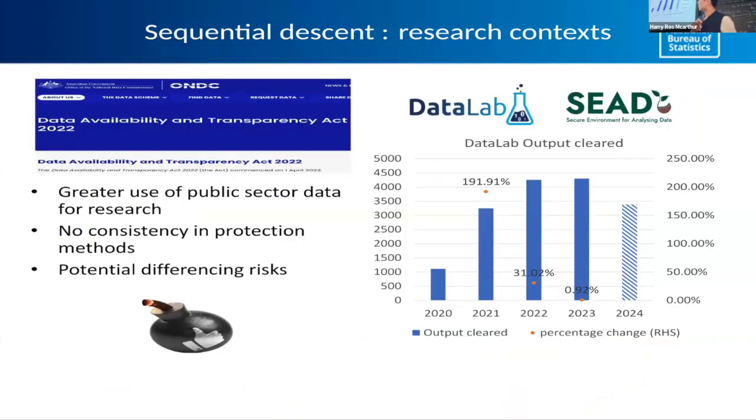I'm going to describe a bit of the research that we did to help the ABS make our data more accessible. So in 2022, a new bill passed that tried to encourage public sector data sharing.